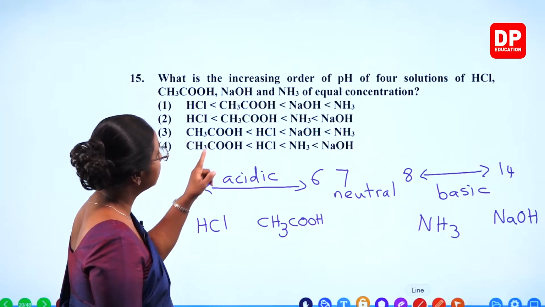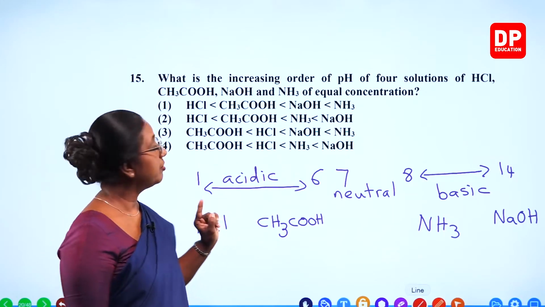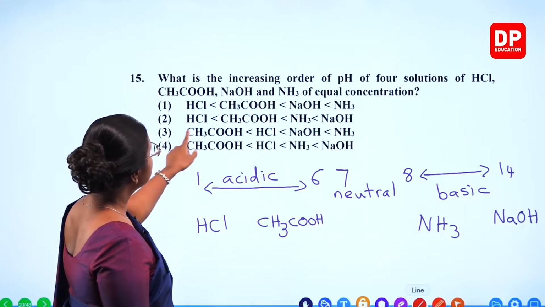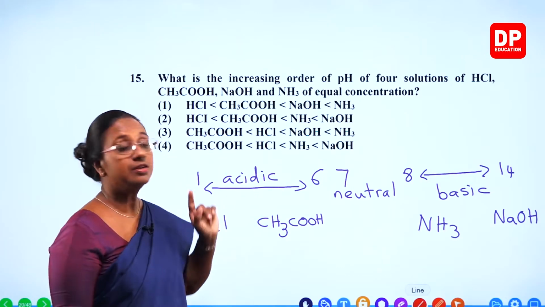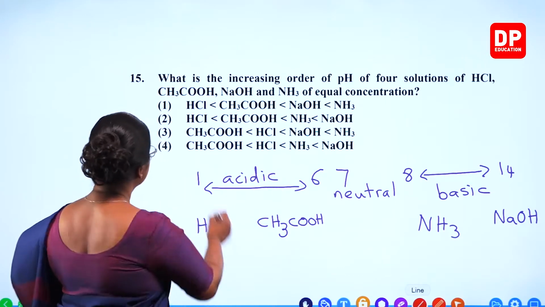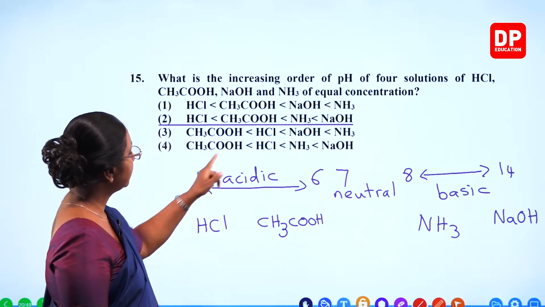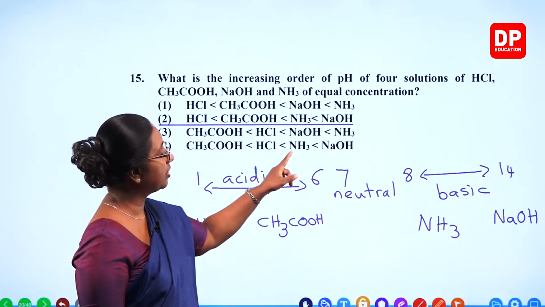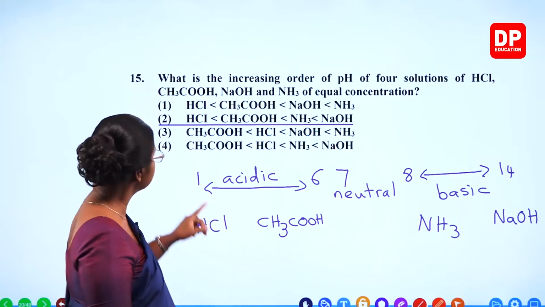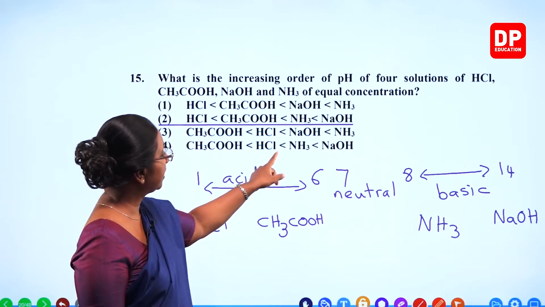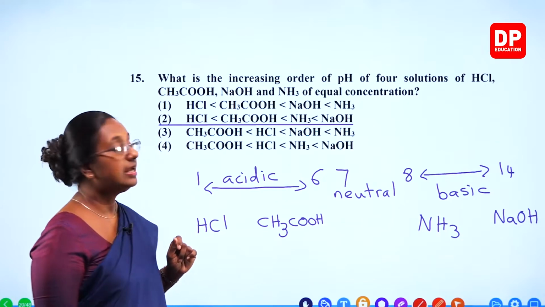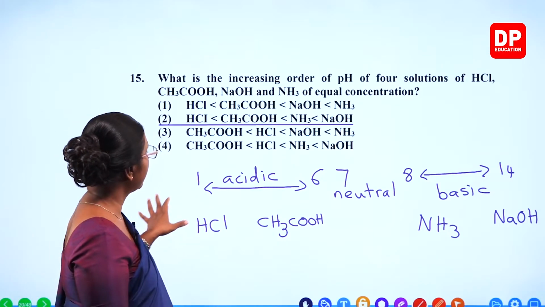So this is what you need to select. HCl, acetic acid, NaOH, ammonia is wrong. HCl, acetic acid, ammonia, sodium hydroxide, that is correct. The second answer is correct. Then acetic acid, hydrochloric acid, sodium hydroxide, ammonia, incorrect. Acetic acid, hydrochloric acid, ammonia, NaOH, that is also not correct.